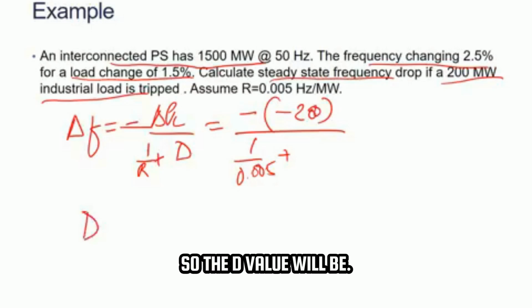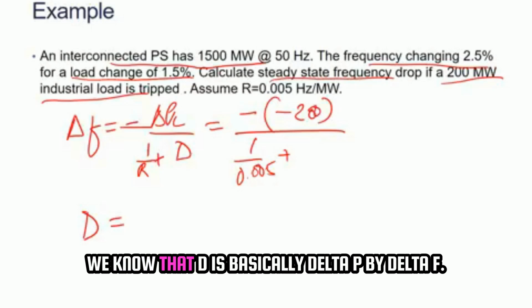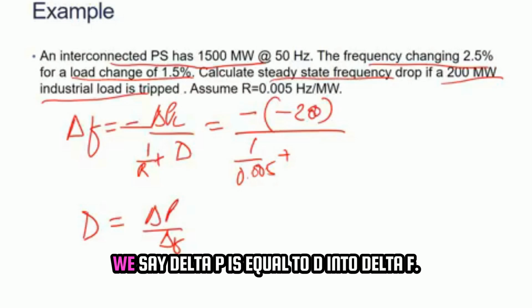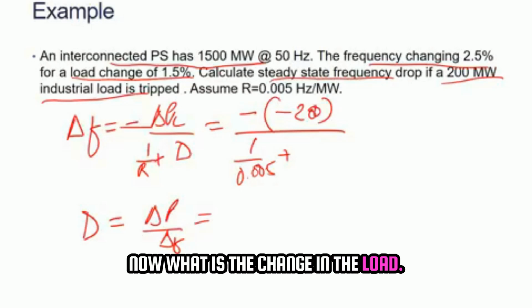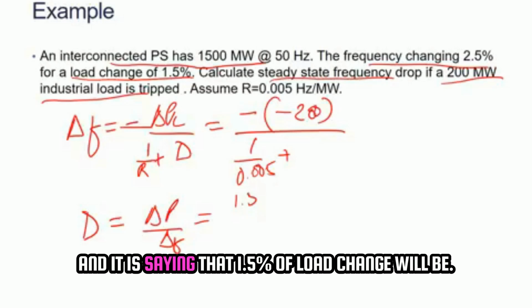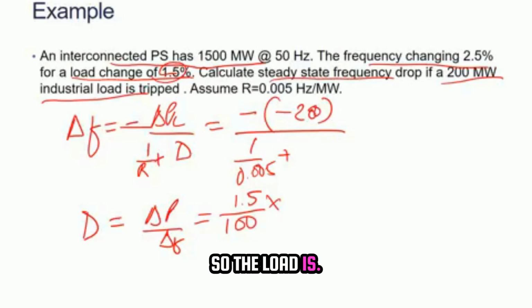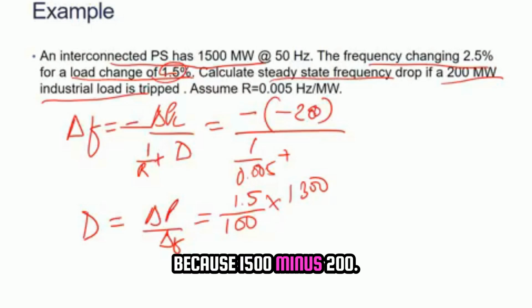We know that D is basically delta P by delta F, so delta P is equal to D into delta F. Now what is the change in the load? It says 1.5% of load change, and the net load is 1300, because 1500 minus 200.